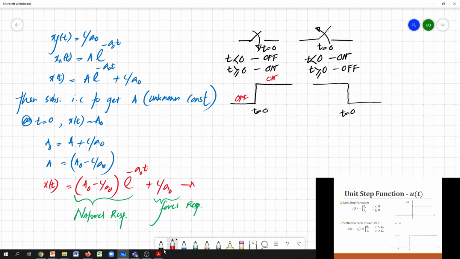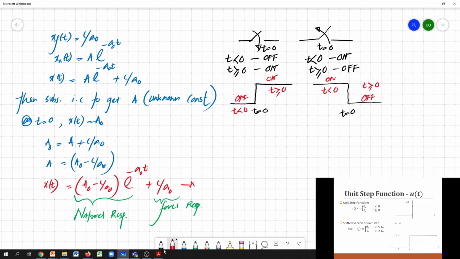So we can simply represent these circuits using this kind of graphical format.